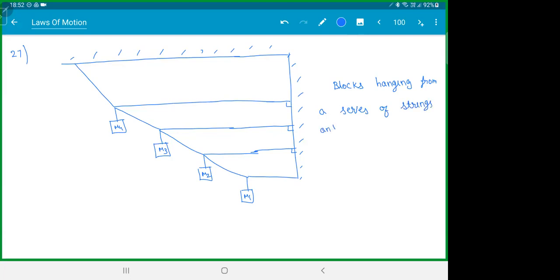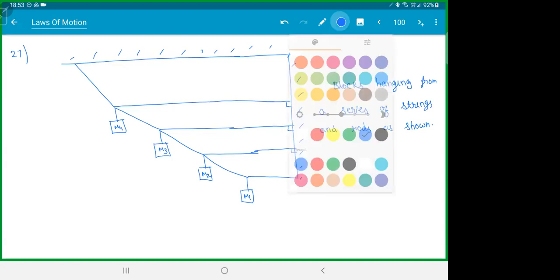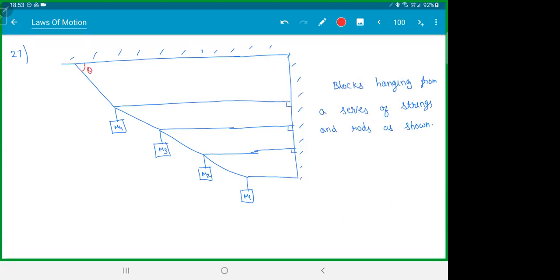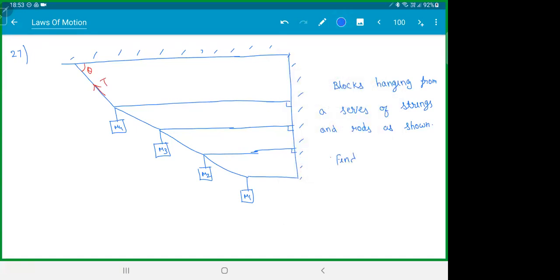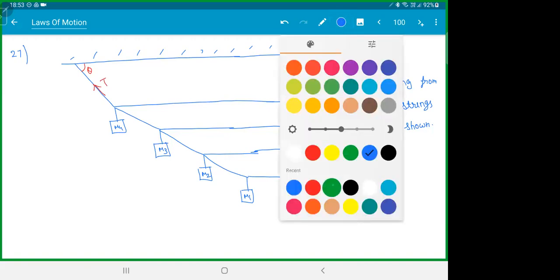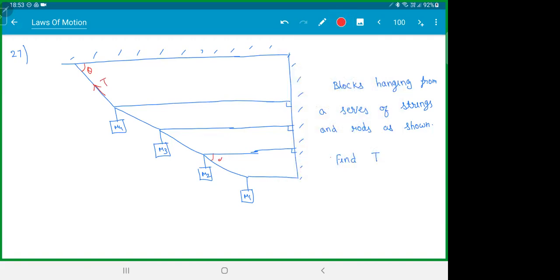Some of them are strings and rods, it doesn't matter. This tension is T. Find T. The tension in the uppermost rope, I want to find that tension. And these angles are alpha, beta, gamma.